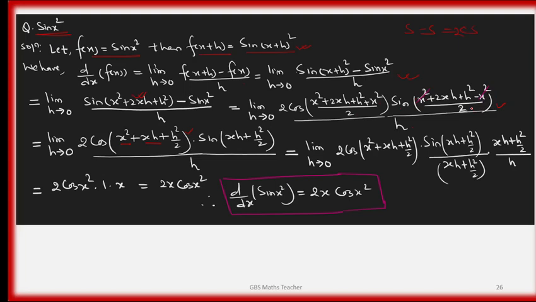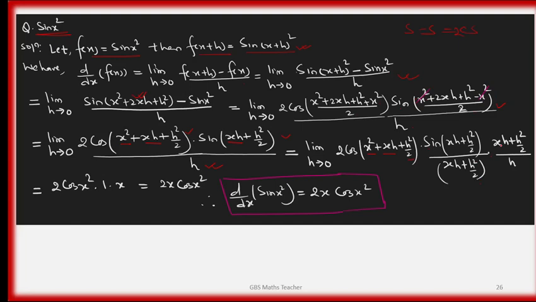Then limit h tends to 0, 2 cos of x square plus xh plus h square by 2, no doubt it is the same, and we have to change this into the formula pattern: sine of (xh plus h square by 2) by (xh plus h square by 2), times (xh plus h square by 2) over h.